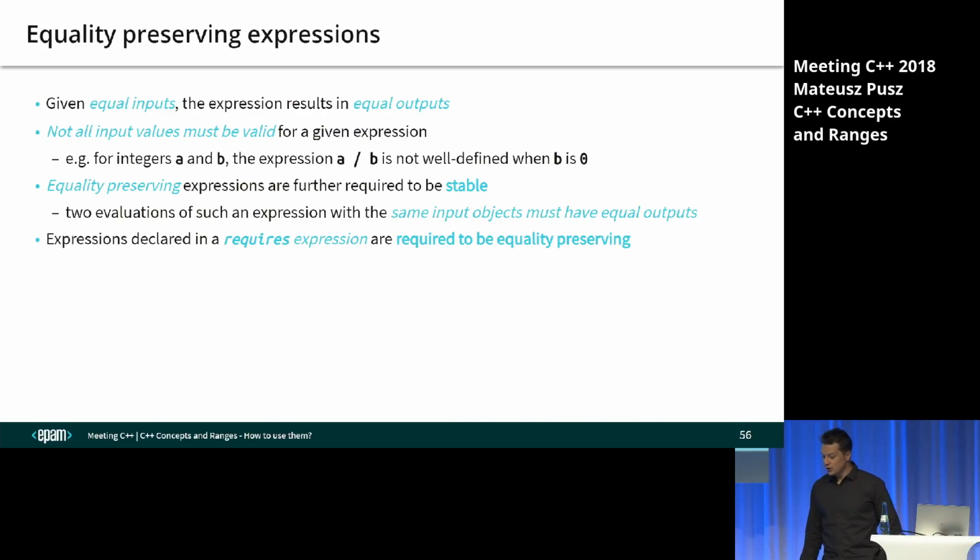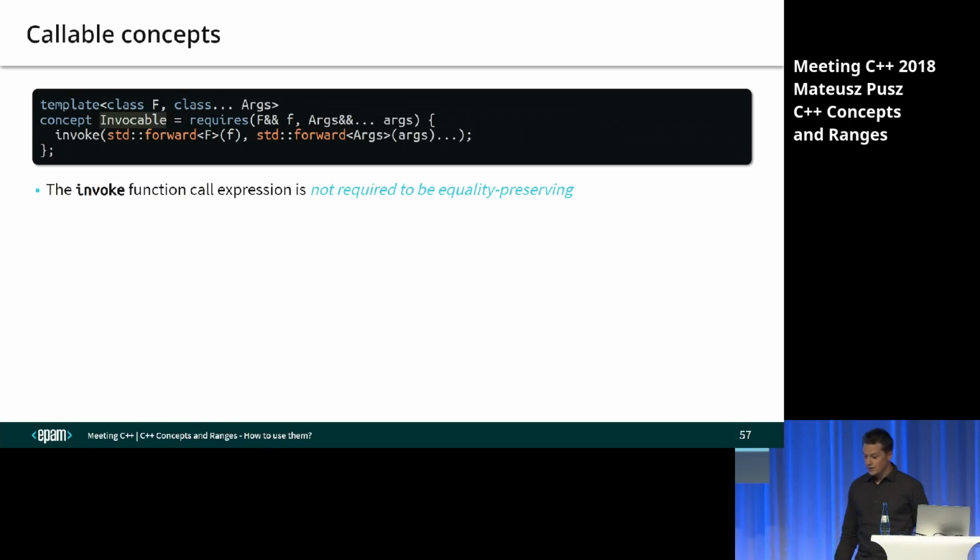We are talking about this because expressions declared in a requires expression are required to be equality-preserving. Of course, C++ wouldn't be C++ if for every rule there were no exceptions, so we have exceptions here, except where noted otherwise. The first case is invocable.